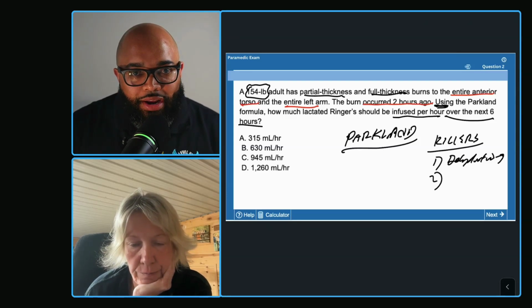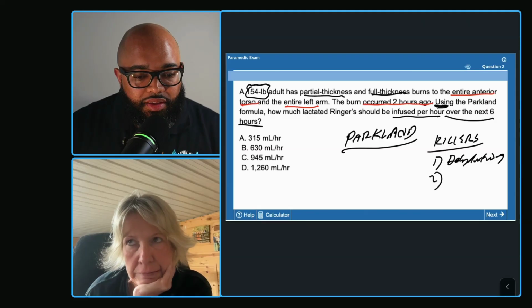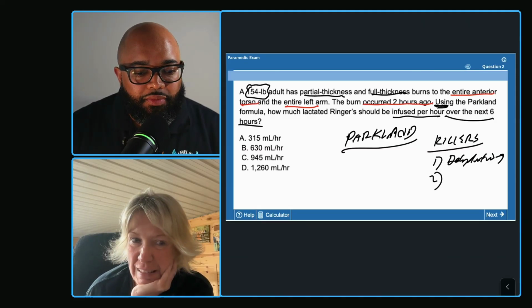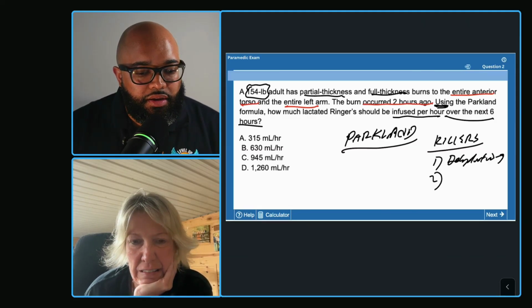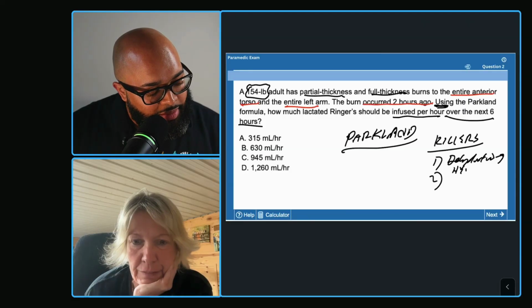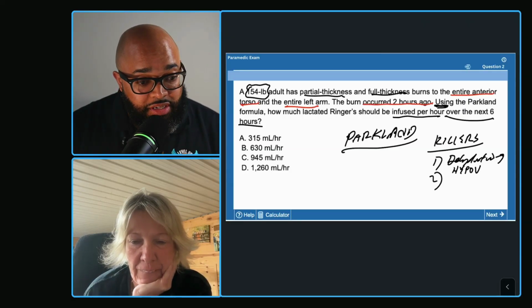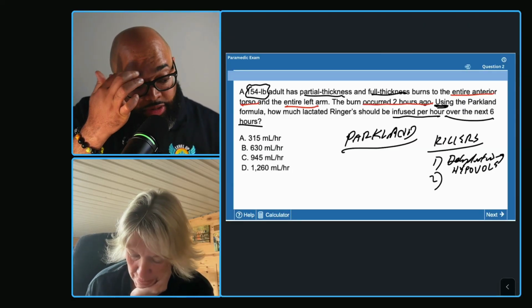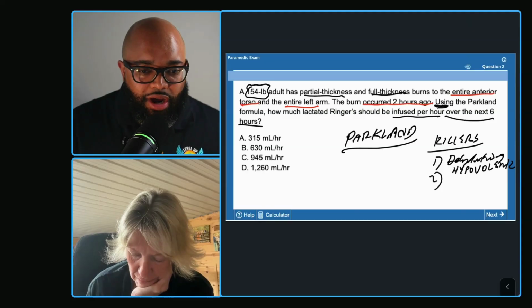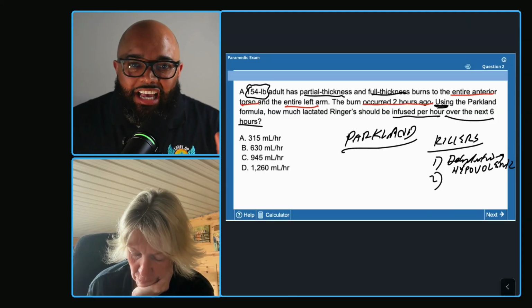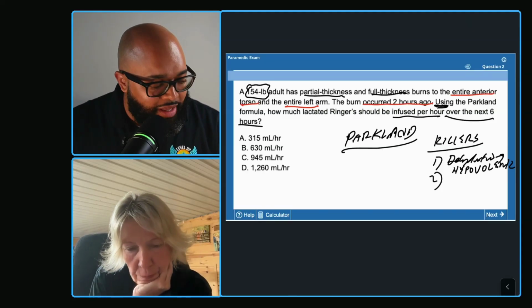What category of shock would it be for fluid loss? Okay, so that's going to be hypovolemic. Hypo is not enough. Volemic is volume. So when you lose volume, that's hypovolemic shock. So number 1 is going to be dehydration that can cause hypovolemic shock.